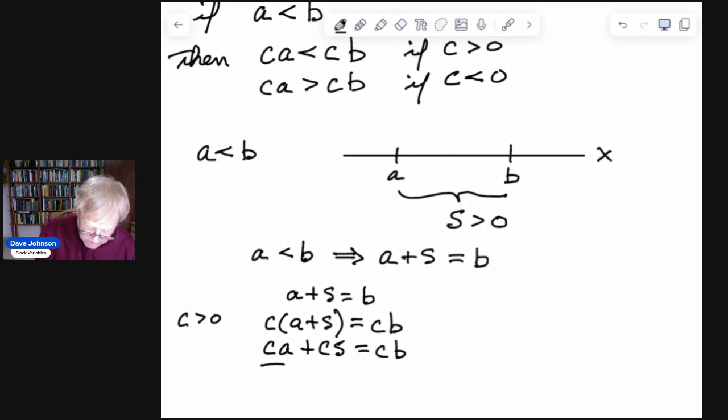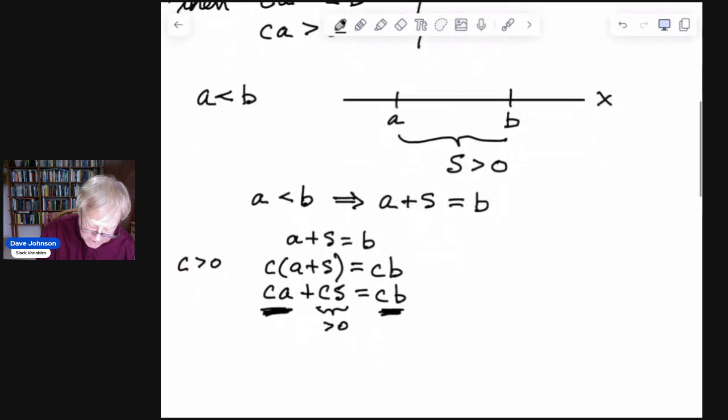We have ca here, cb on the other side of the equation, but we have this cs, which you can think of as a new slack variable. If c is greater than zero and s is greater than zero, then c times s has to be greater than zero. And if c times s is greater than zero, then we can conclude that ca has to be less than cb.